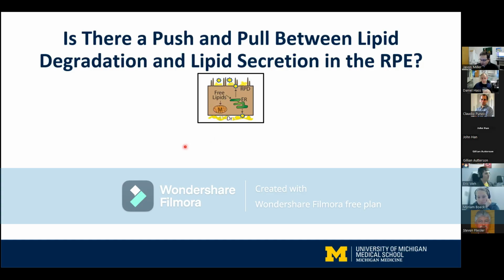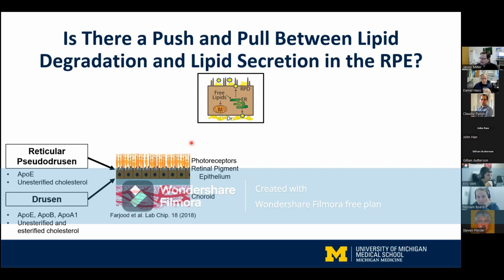In order to pursue it, we first have to remember that the reticulosuttodrusen and drusen both contain apolipoprotein E, and ApoE is the most abundant apolipoprotein in drusen, although there are definitely other components in drusen. And as I said, in reticulosuttodrusen, it's only ApoE.